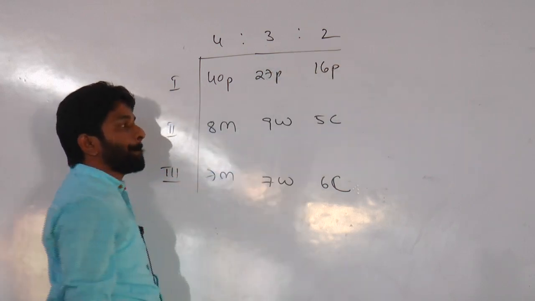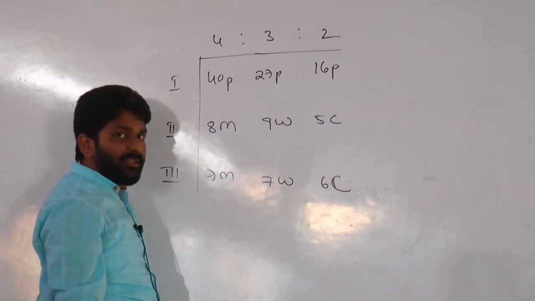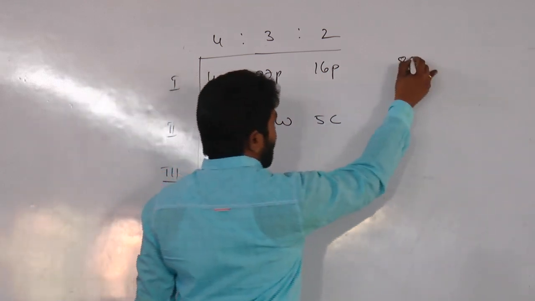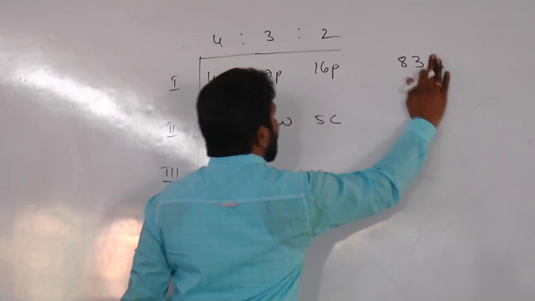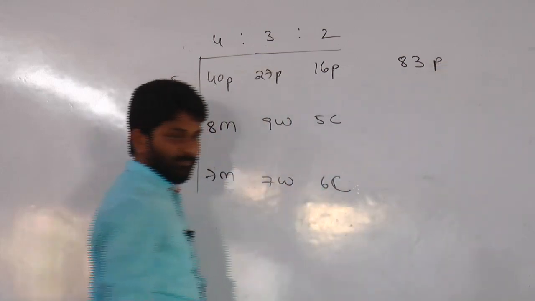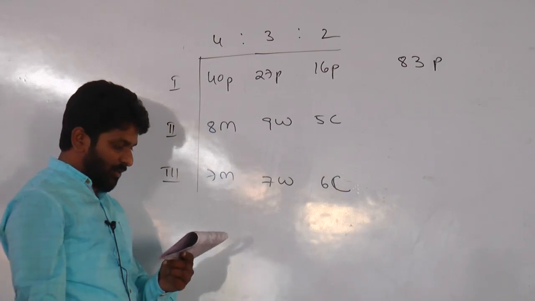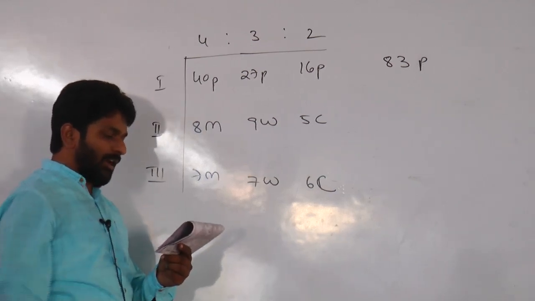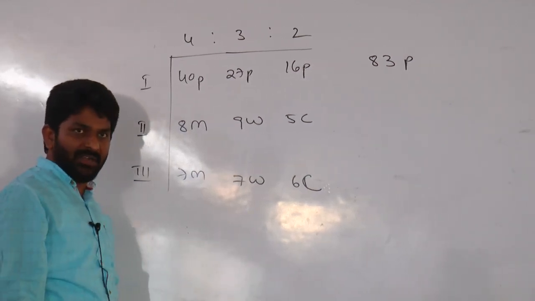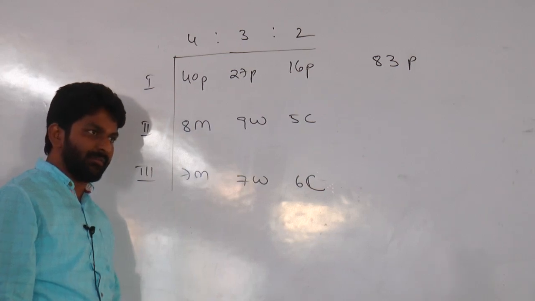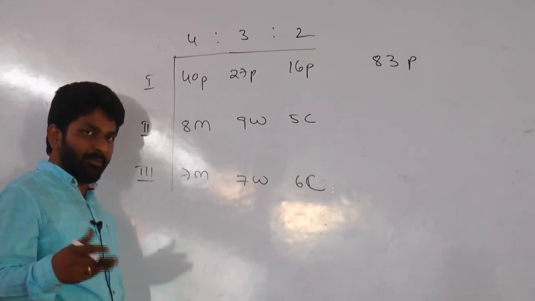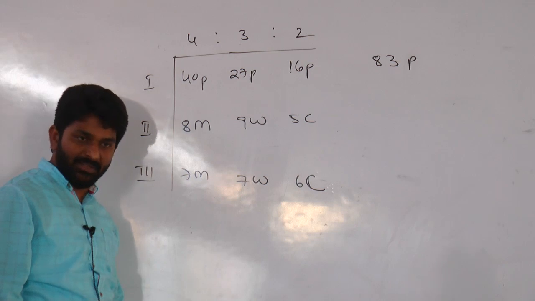Total 83. Your answer must be a multiple of 83 because you need to calculate 83 parts. If you are comfortable with verification with 83, then it is okay. I think the third option, 2490, is the number which is divisible by 83. But at the same time, you need to make sure other options are not divisible by 83.